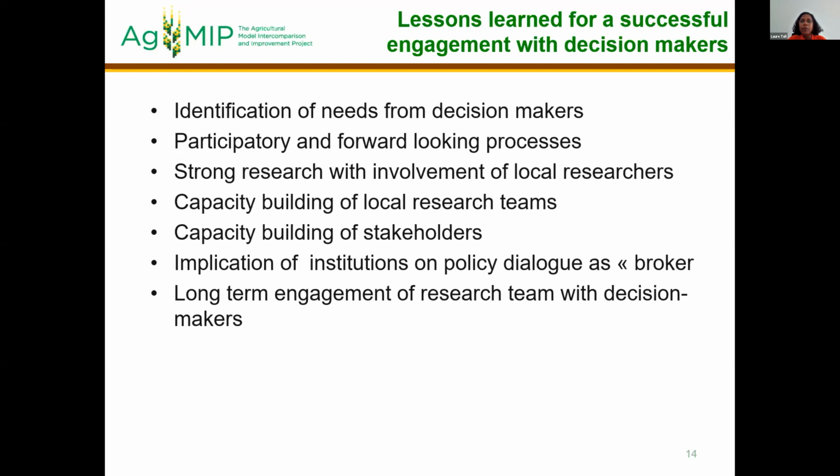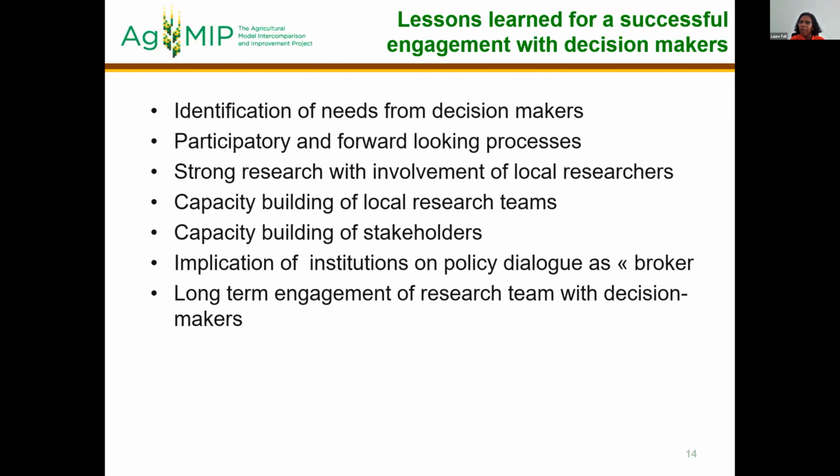And last but not least, we need a long-term engagement of the research team with decision makers. Divis was saying earlier, yes, some of the adaptation packages could not be tested because the time frame of the project was too short. When we talk about adaptation to climate change, we really need time.